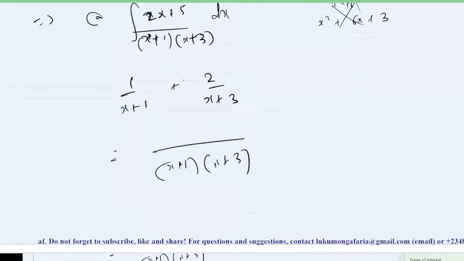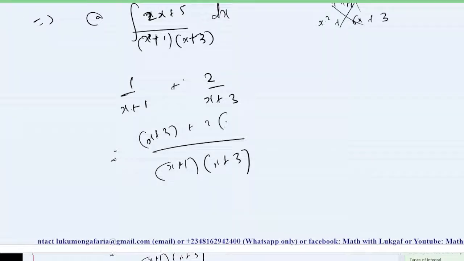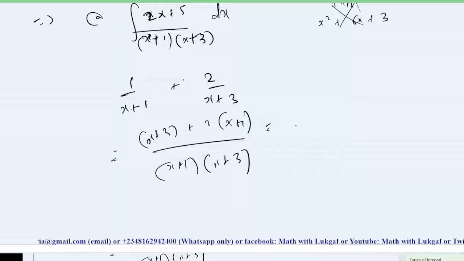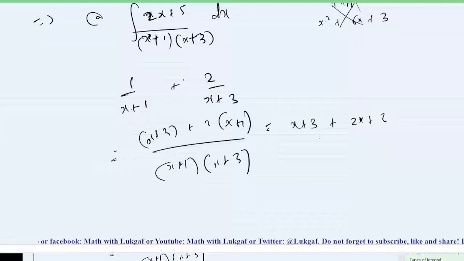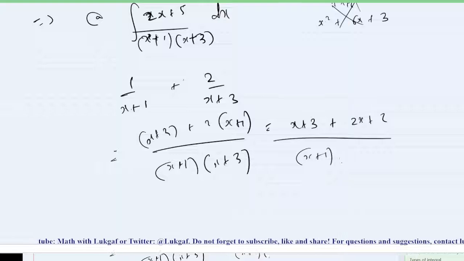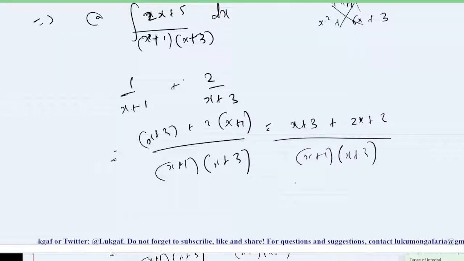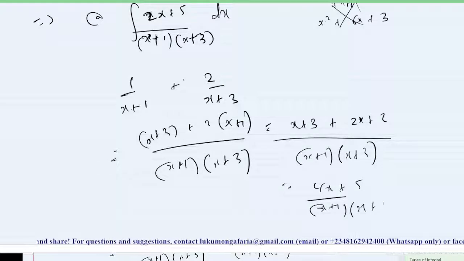This one will give you x plus 3, plus 2 into x plus 1. That will give you x plus 3 plus 2x plus 2, divided by (x plus 1)(x plus 3). And that will give you 4x plus 5 divided by (x plus 1)(x plus 3).